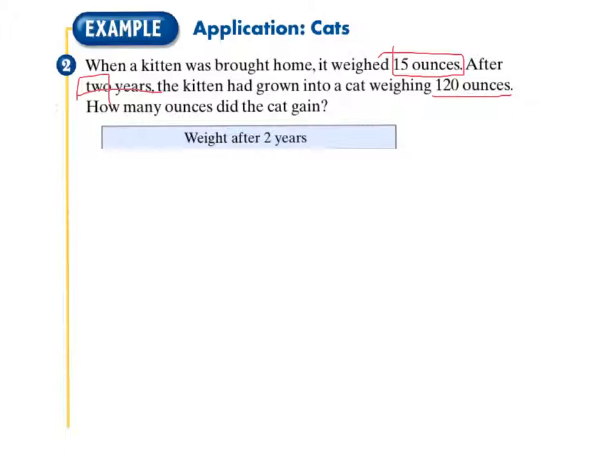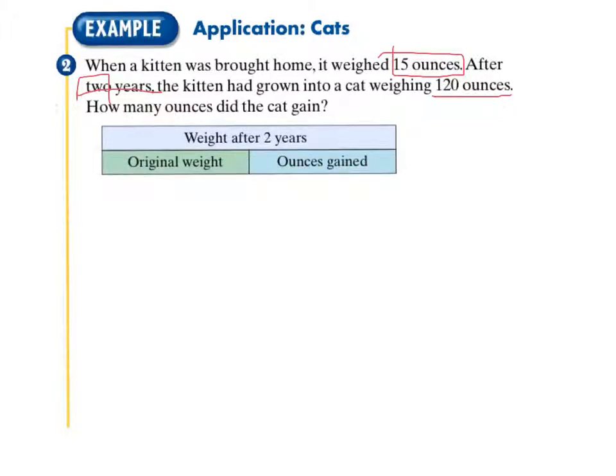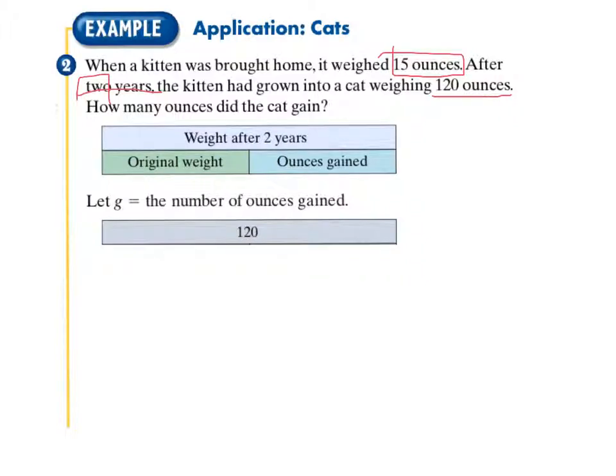And the weight after 2 years is made up of the original weight plus the number of ounces gained over those 2 years. So we're going to let G equal the number of ounces gained, because G for gained. And so we know the end weight was 120, and that 120 ounces is made up of the original 15 ounces and the amount we don't know, which is the amount gained over the 2 years.